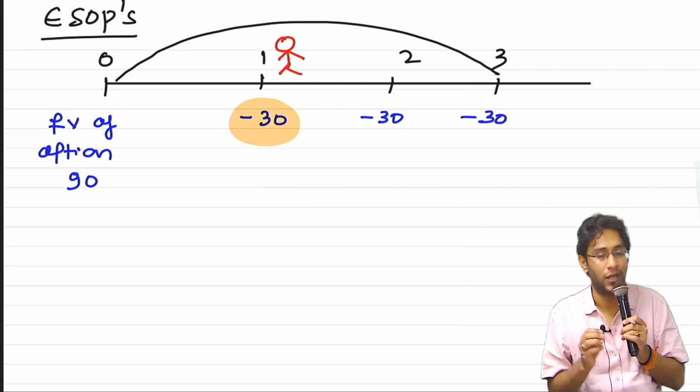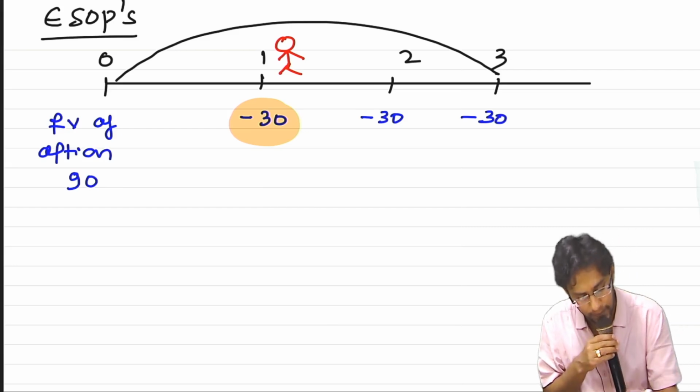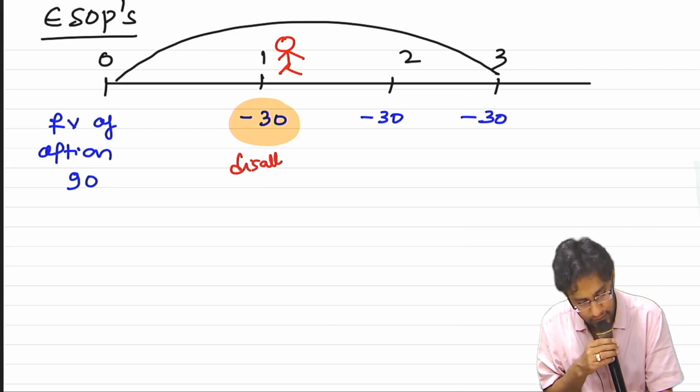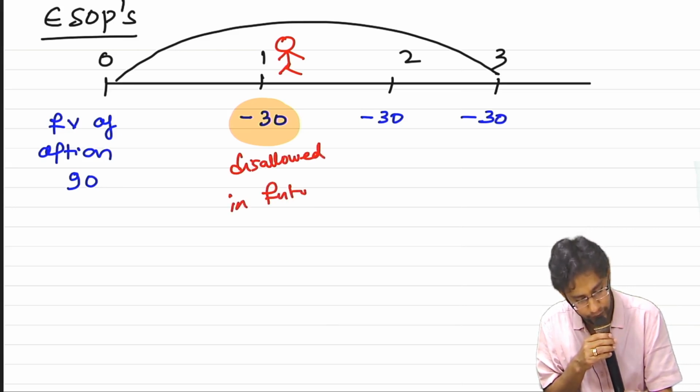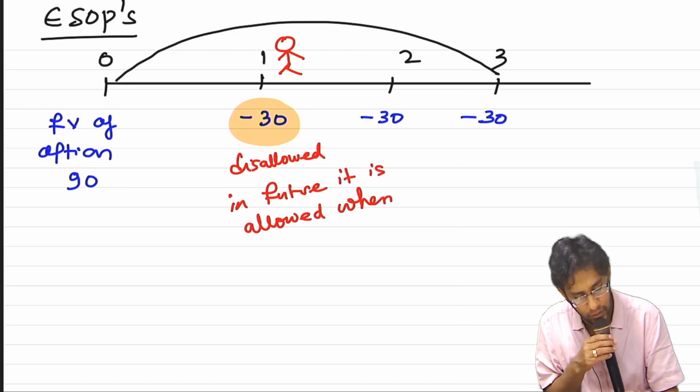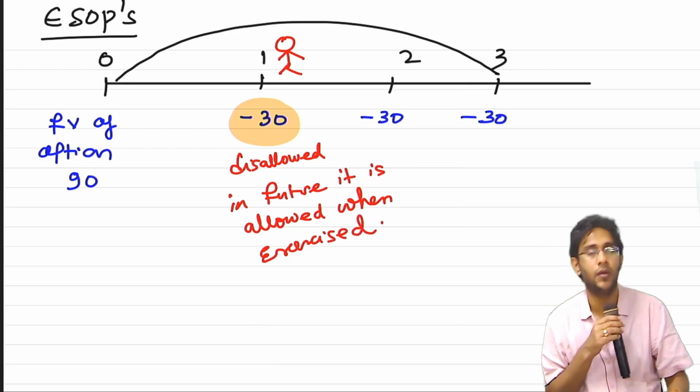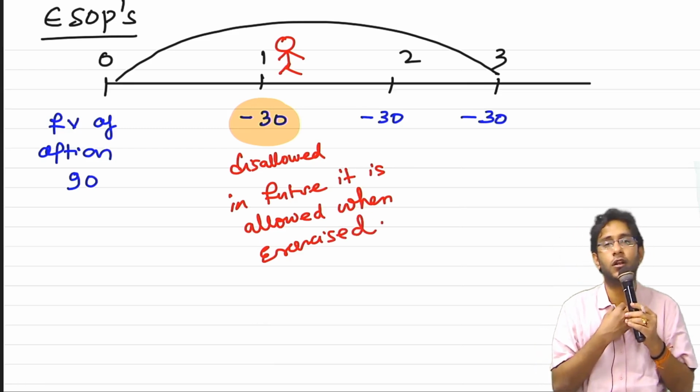Correct? That means even though today this is disallowed, in future it is allowed, when options are exercised. Okay, sir, future you will allow.